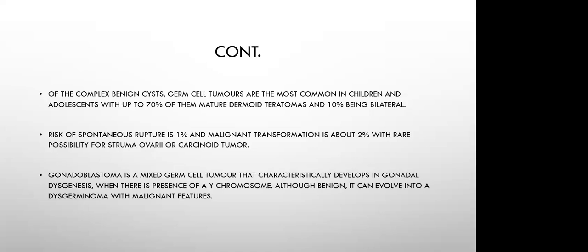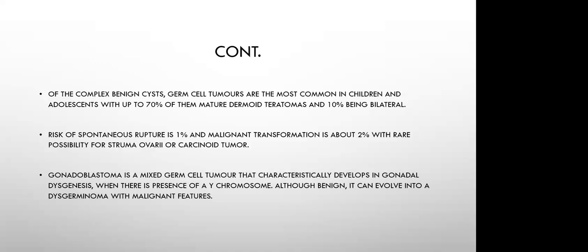And then with mature teratomas, there is a spontaneous risk of rupture, counted at about 1%, and then there will be a very famous condition called pseudomyxoma peritonei if spontaneous rupture of dermoid teratomas happens.